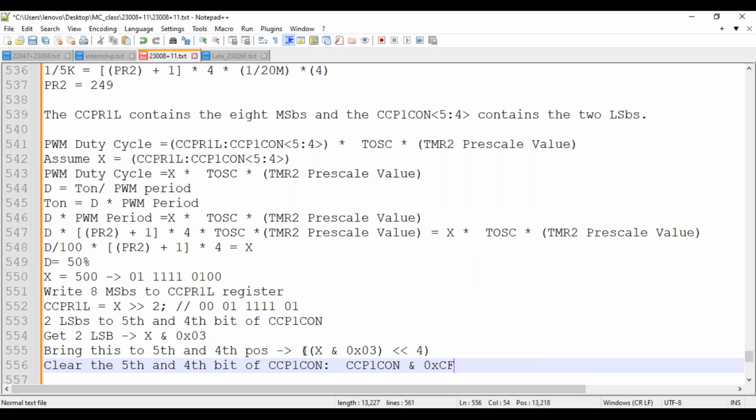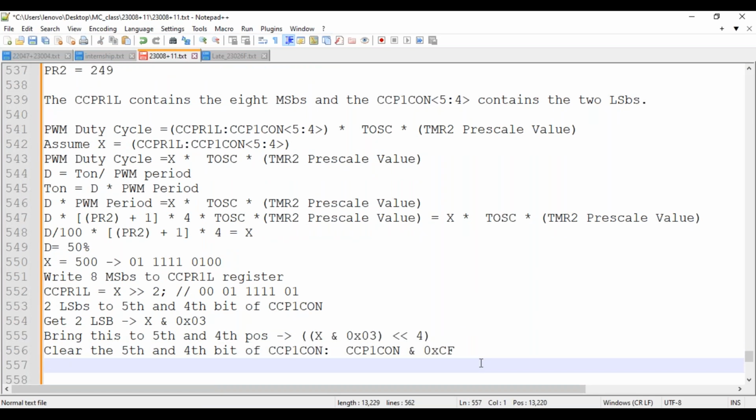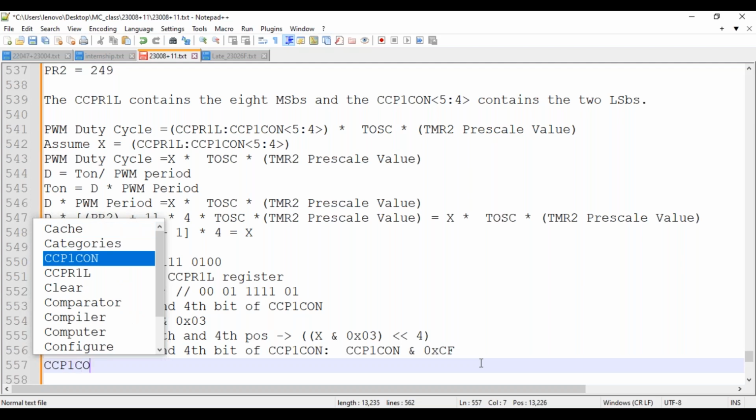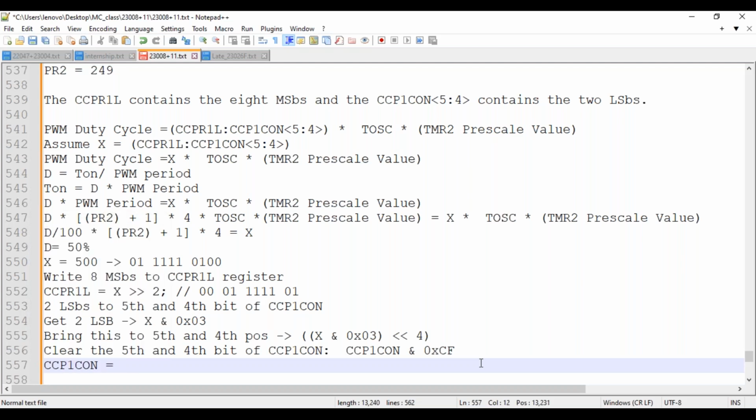Now I have to OR. So I have to write something like this: CCP1CON is equal to, first, CCP1CON AND with 0xCF. So that is to clear the 5th and 4th bit of the CCP1CON register.